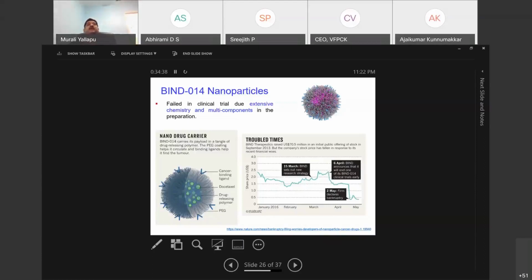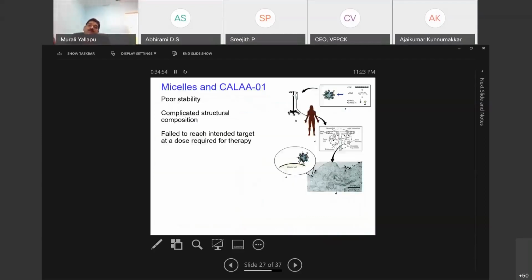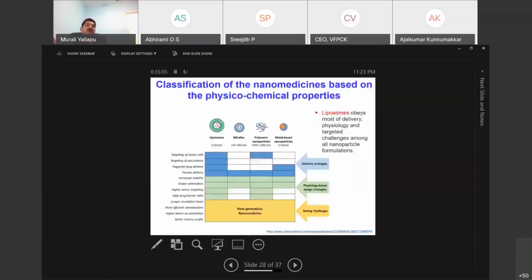Here the example is the BIND nanoparticle formulation, which had PSMA targeting, but in the end they didn't find any better therapeutic payload delivery to the tumor cells compared to their other types of formulations. And this is another formulation where too much chemistry was not helpful: the Kala 01 formulation.